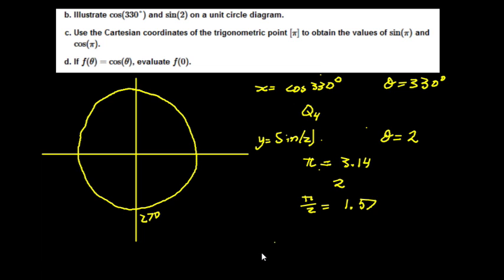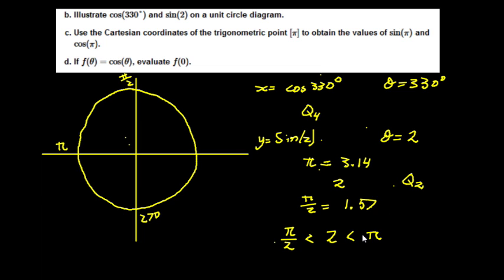So we can say that the point 2 lies between pi on 2 and pi, and we can work that out using our unit circle. It's going to be between those 2 points there, so it's going to be in quadrant 2.